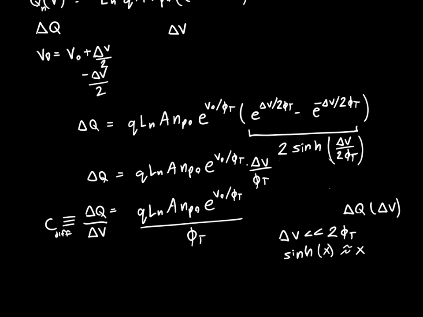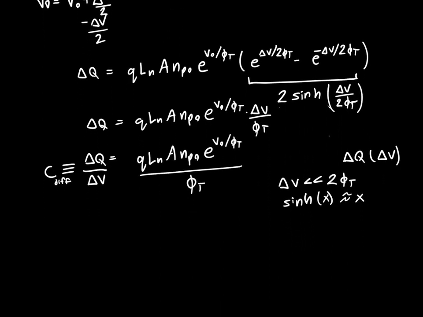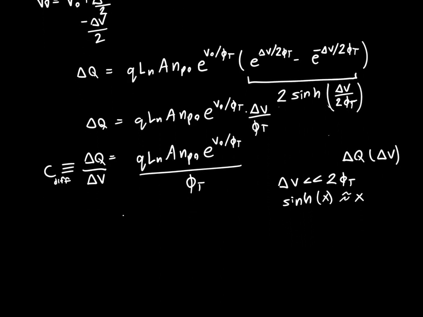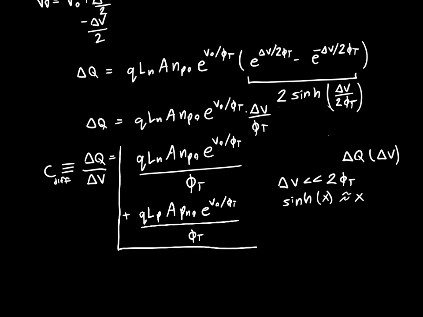Now this is only the diffusion capacitance due to the hole charge. So we also need to add in the diffusion capacitance due to the electron charge, and we just replace n with p, and everything else remains exactly the same. So e to the v naught over phi t, all divided by phi t. So this is our final expression for the diffusion capacitance.